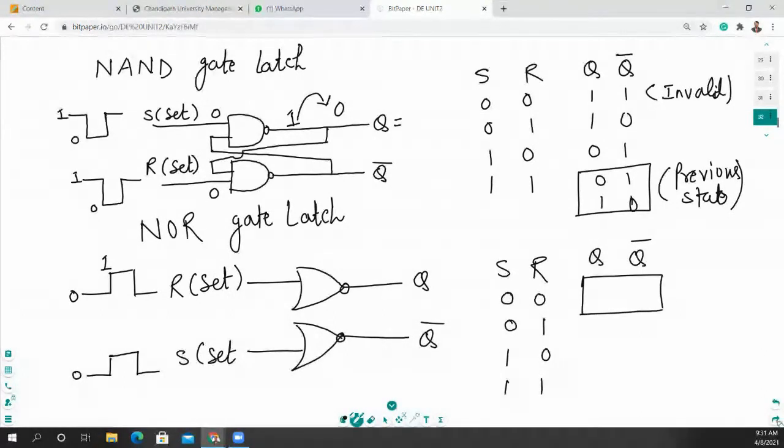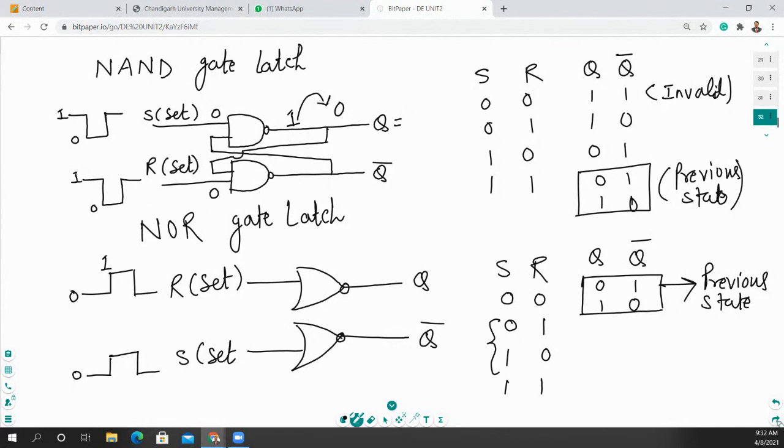Either the output is changing from 0 to 1, or it changes from 1 to 0. It totally depends upon the previous state.